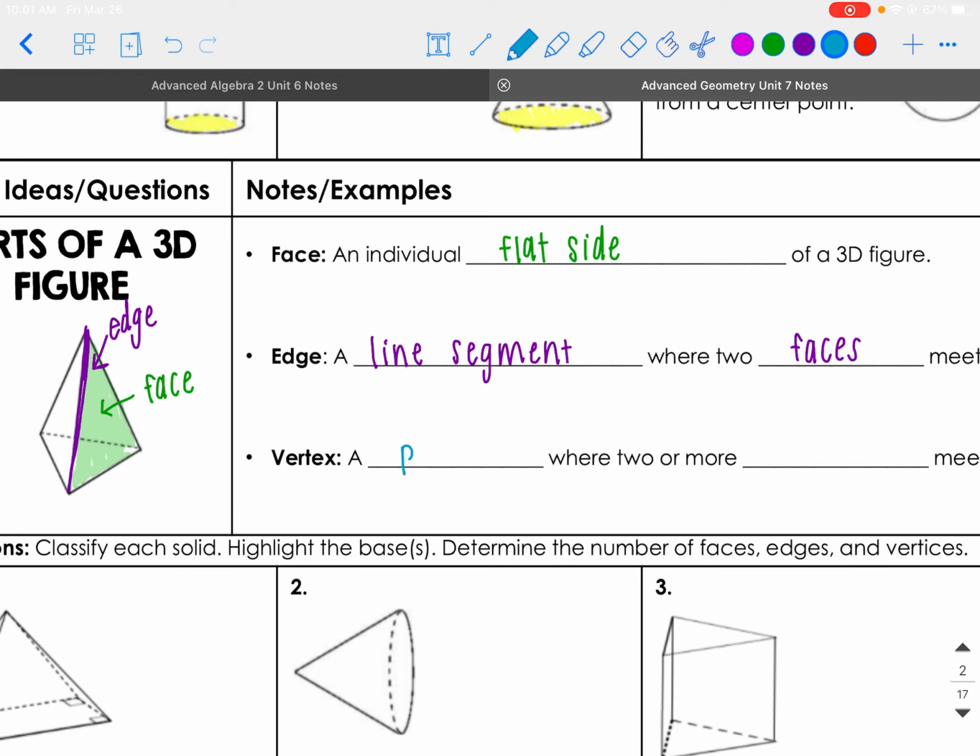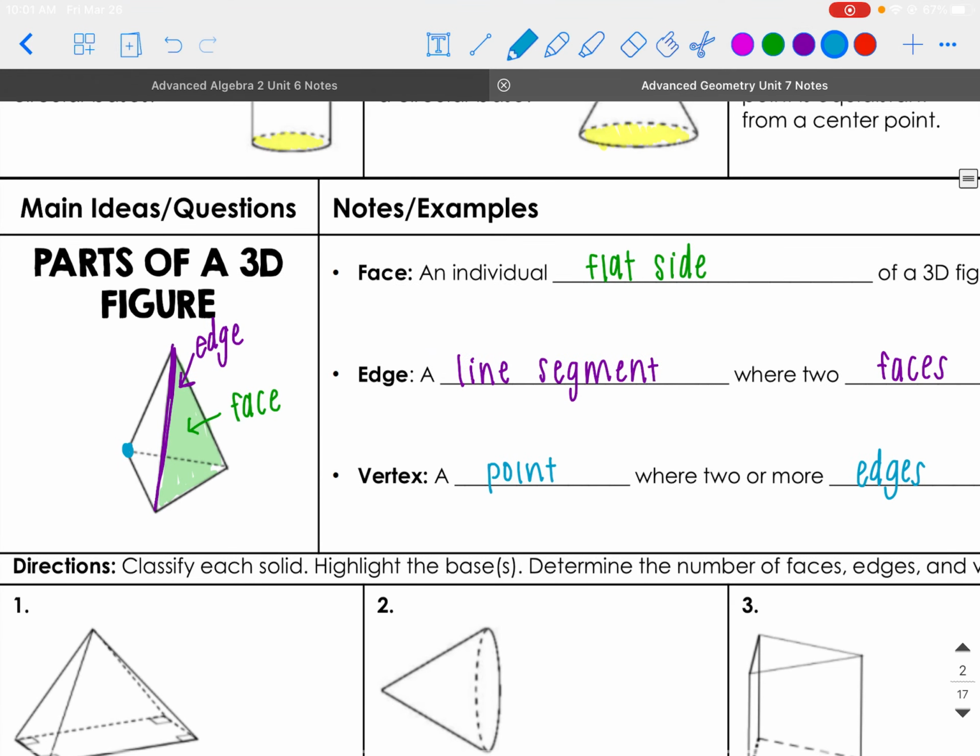And a vertex is a point where two or more edges meet. So this right here would be a vertex.